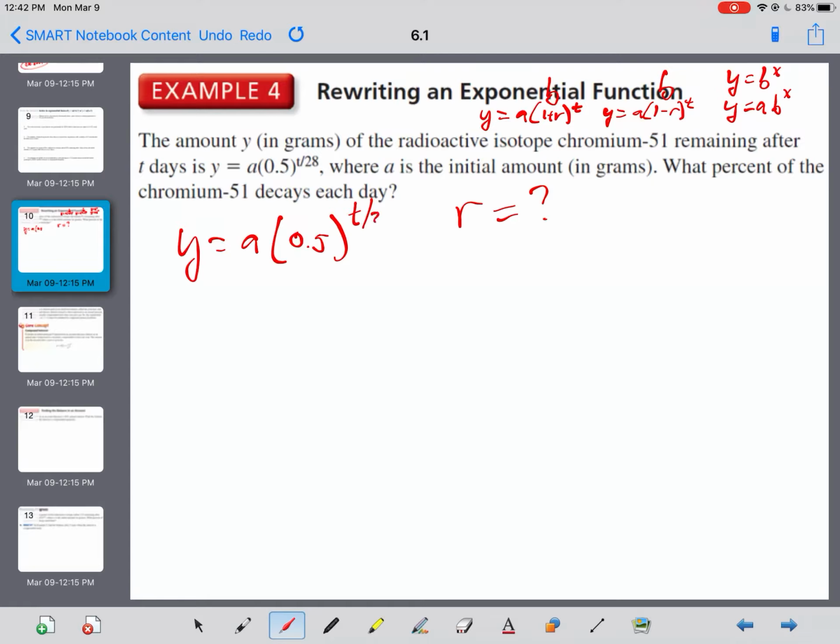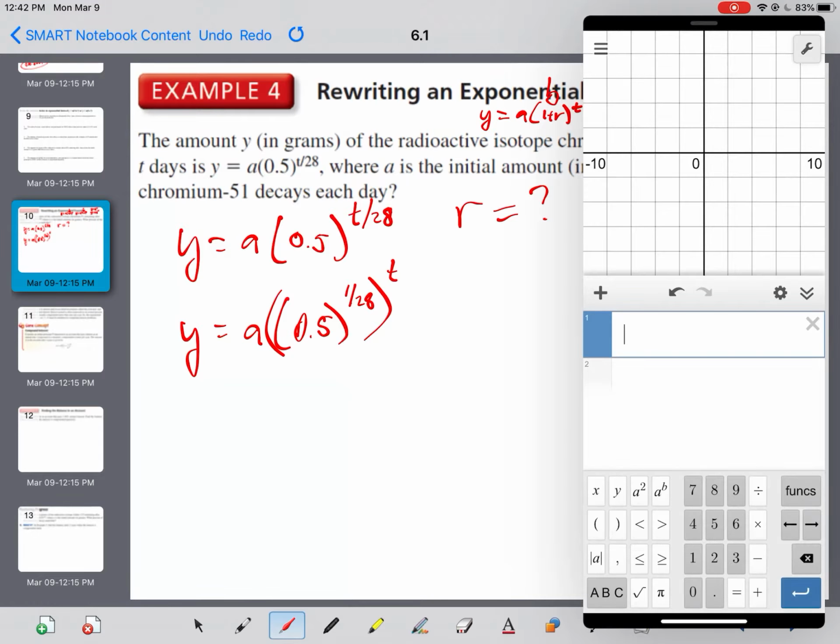So if we've got y equals a times 0.5 to the t divided by 28, remember we could write that as y equals a times (0.5 to the 1/28th) to the t. We can separate the numerator and the denominator. Now we just take 0.5 to the 1/28th.